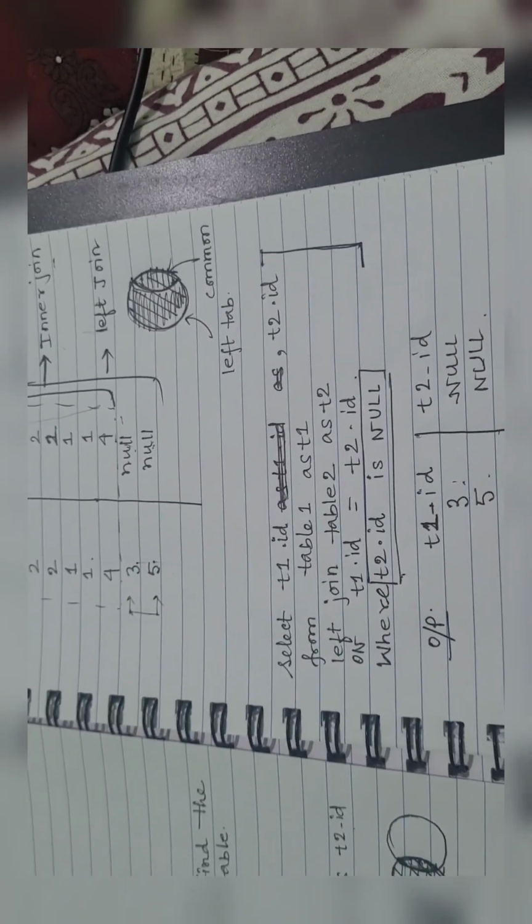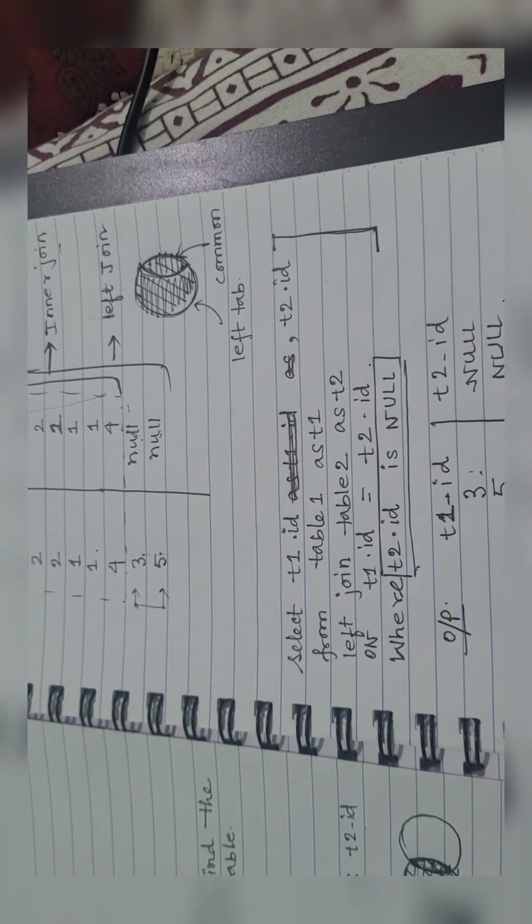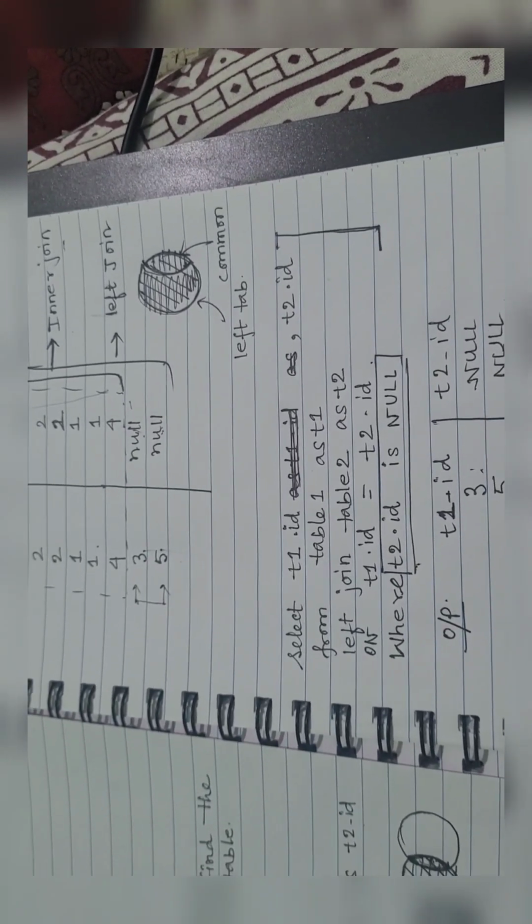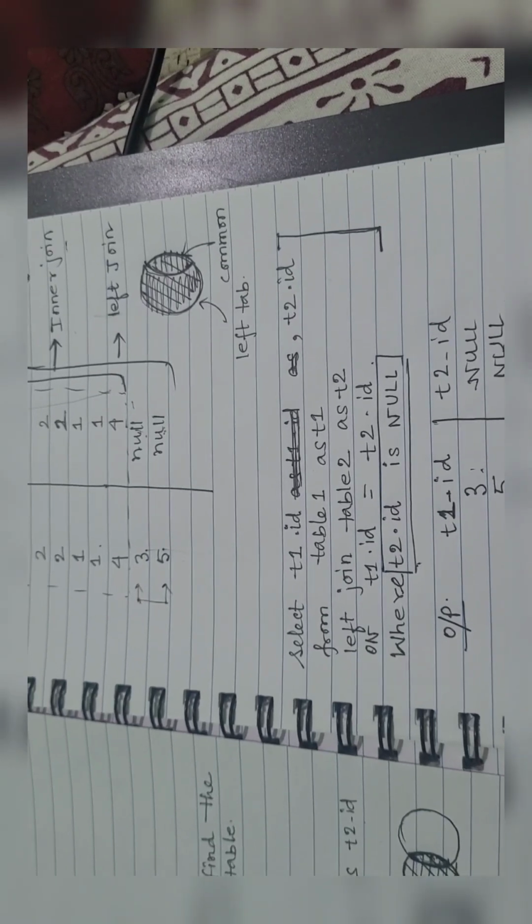So basically a data set gets created in between. When we are writing a SQL query, it's not like we are directly getting the output. Through intermediary steps, through intermediary data sets, or intermediary tables that are getting created at the back end, we get the final output.